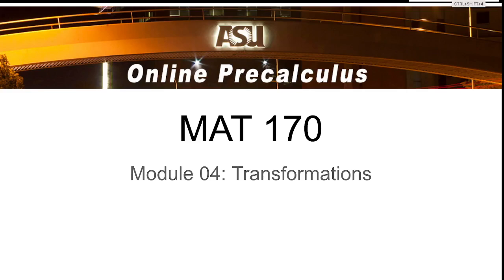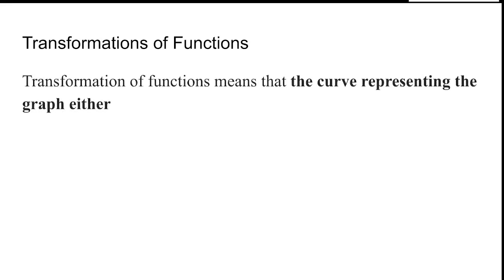So now we're going to take a look in Module 4 at transformations of functions. So what is a transformation? We might think of transformers. So yes, it's transforming one thing into another. When we talk about graphs, the transformations that are possible mathematically are things that will take the graph, the curve, and transform it, change it in some way.